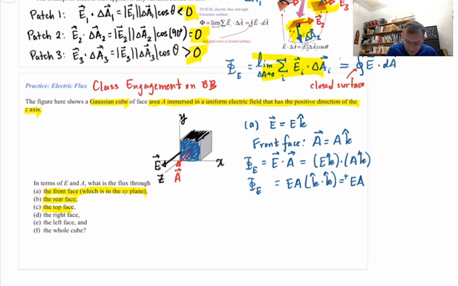Then the electric flux through the right face, this one right here. Then the electric flux through the left face, the one opposite the right one. And then finally, the electric flux through all 6 faces together, the whole cube. And that's what you answer on Blackboard.